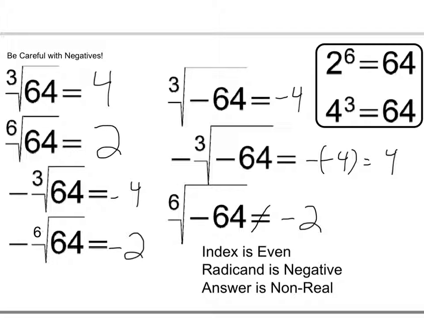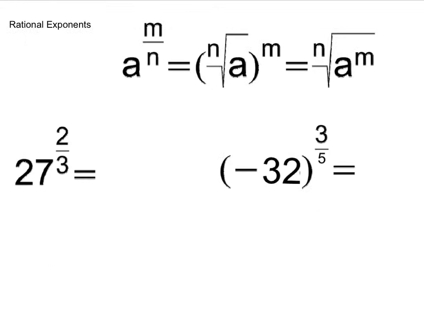If your index is even and your radicand is negative, the answer is non-real. It's imaginary. So you cannot get an answer for this yet. Eventually we will learn a way to express it, but at this point we can just say that the answer is non-real or imaginary.